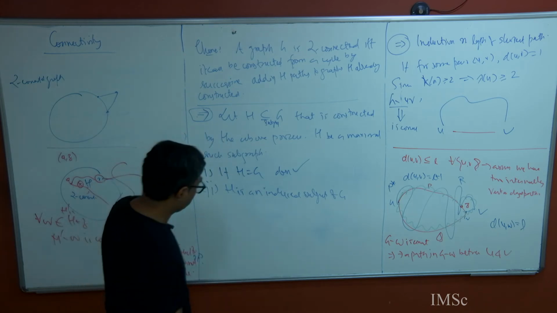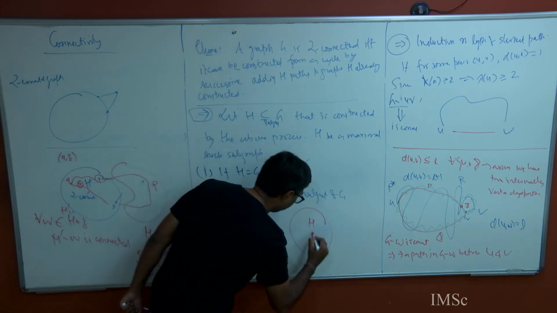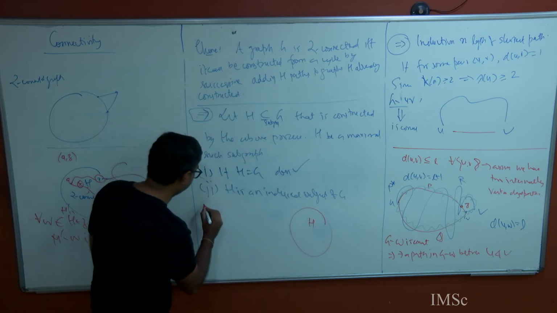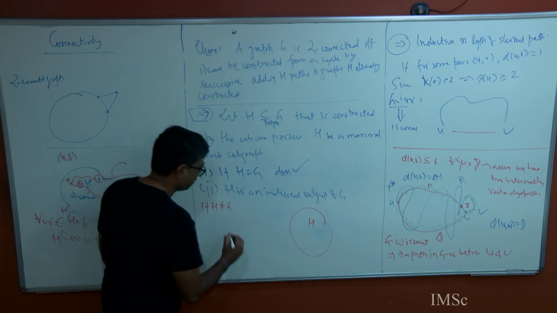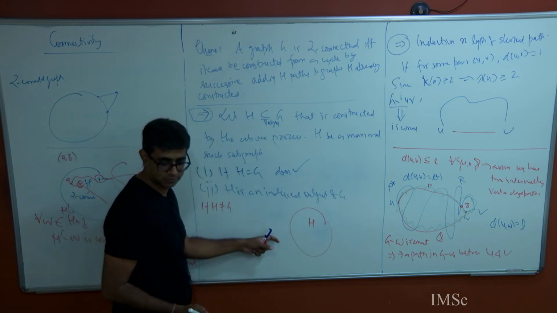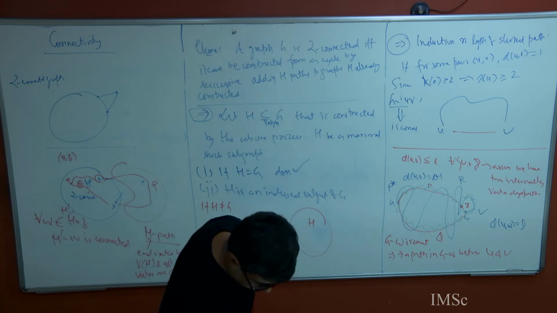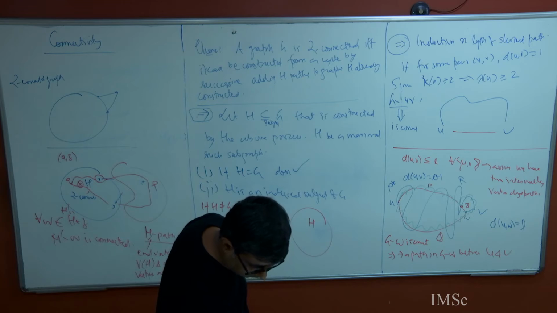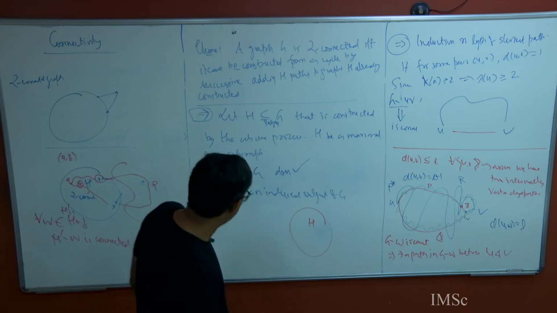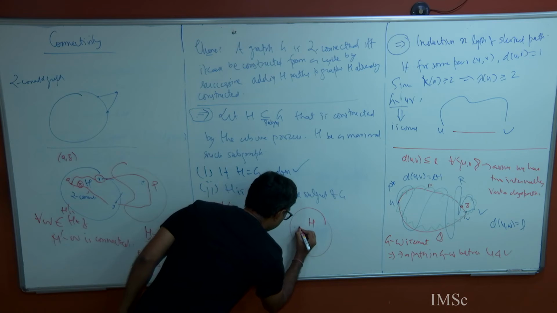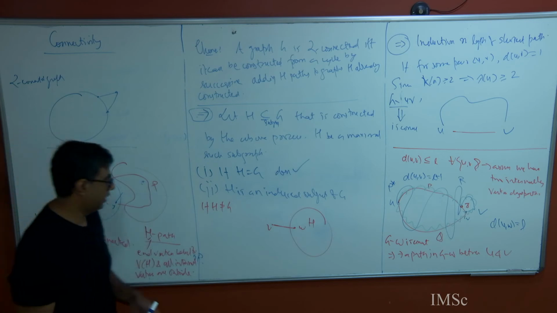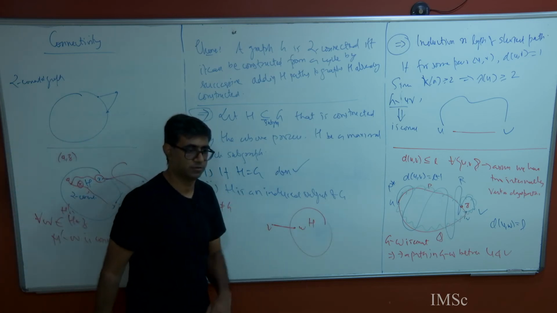Then what is the property? H is an induced subgraph of G, which implies that if H is not equal to G, there is a vertex outside, no? What I am going to show is that if this graph is 2-connected, then I should be able to find such a path. That's all that I am trying to show.